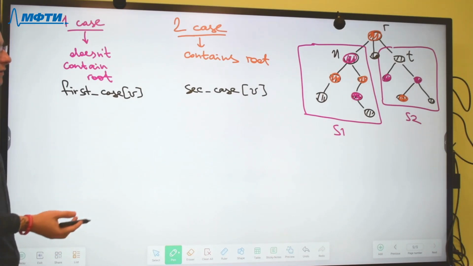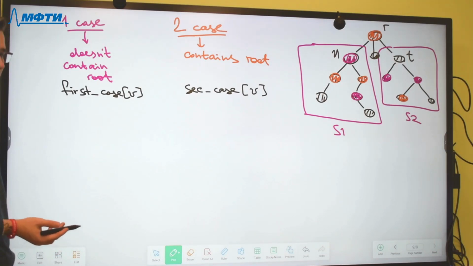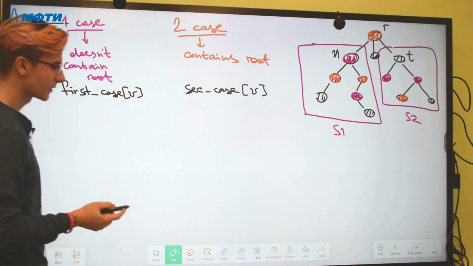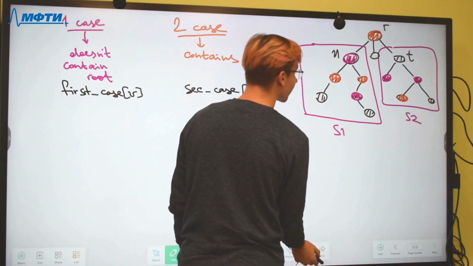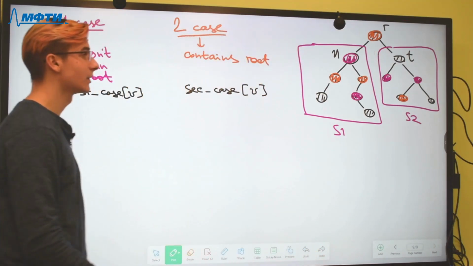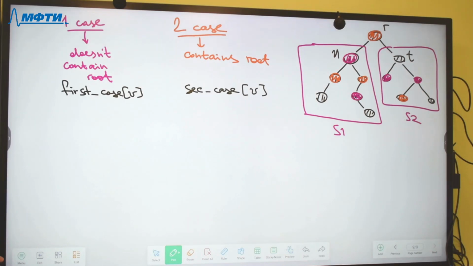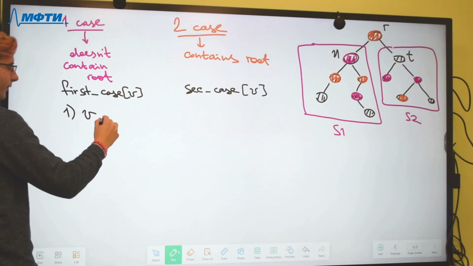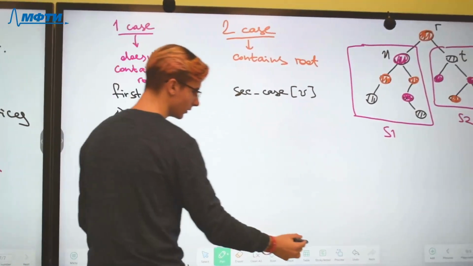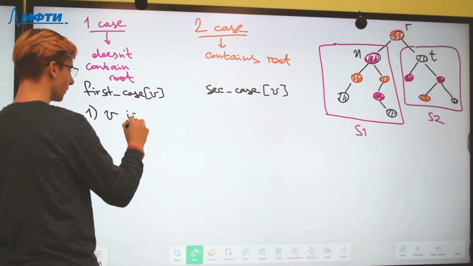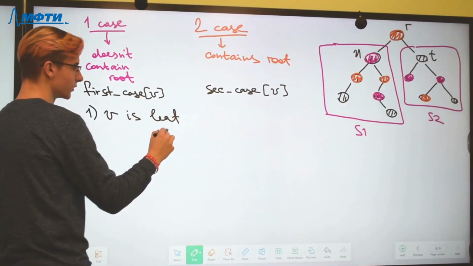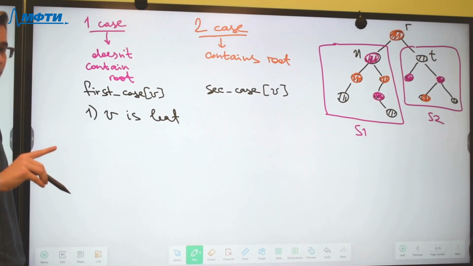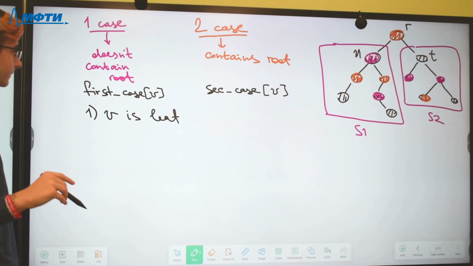It can be not a binary tree, but in the common case it is similar to this rule. So, firstly, if the vertex is a leaf, do you remember what it is? Yes, it doesn't have children.